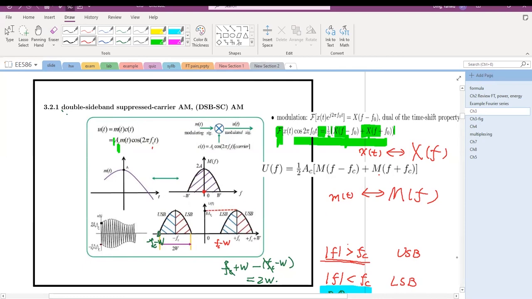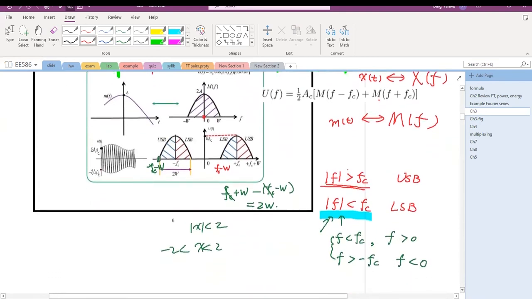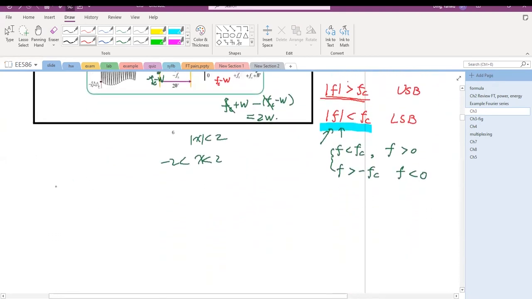For example, if I have a signal like this, if I have M(f) with components at 10 hertz and 100, and this is minus 10, this is minus 100, right? Suppose the magnitude here is 4, and 4 here.